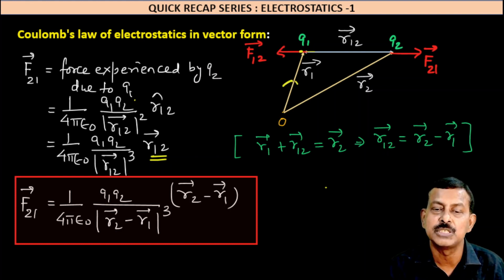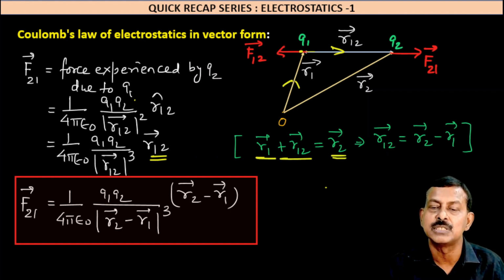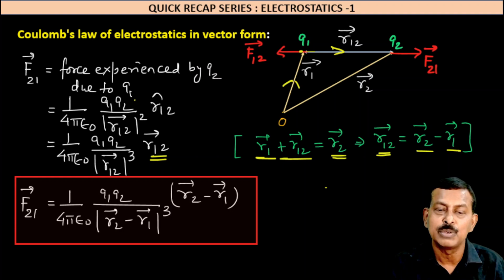If you consider R1 vector plus R12 vector, so R1 plus R12, this is your R2 vector. As a result, we can write R12 as R2 minus R1 vector. So now if I substitute for R12 here, it is R2 minus R1 vector, and in the denominator also it is R2 minus R1 whole cube.